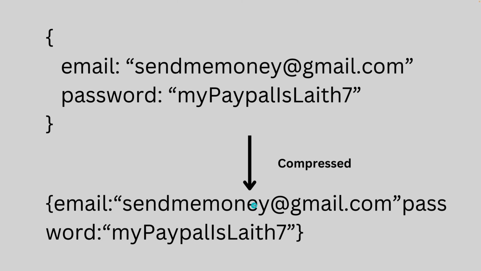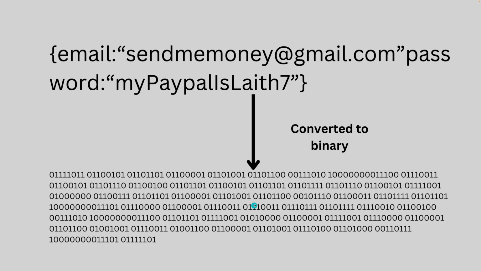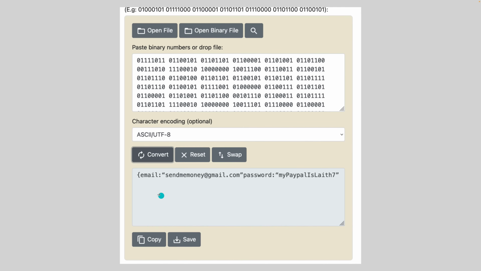And the next thing that it does is convert that JSON into binary. So it converts it into a bunch of ones and zeros. If we wanted to, we can convert this binary back into our JSON.